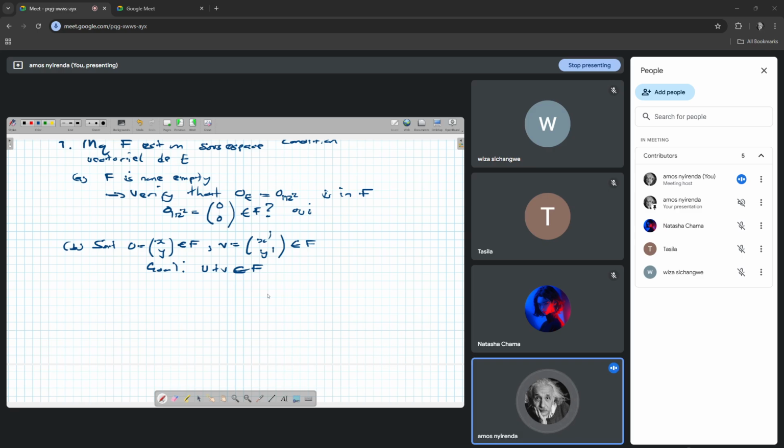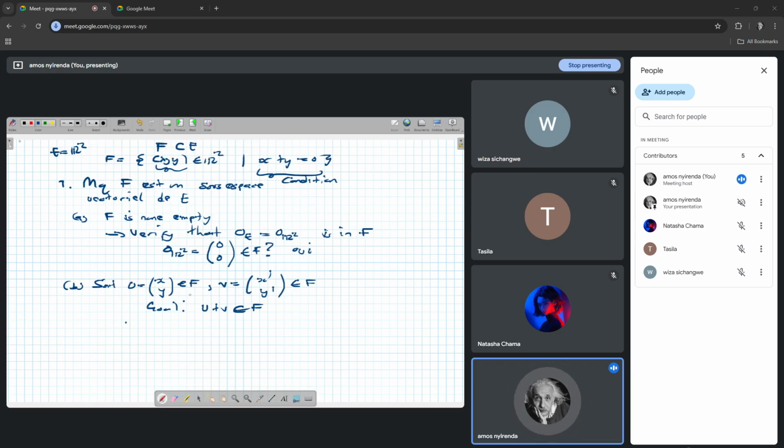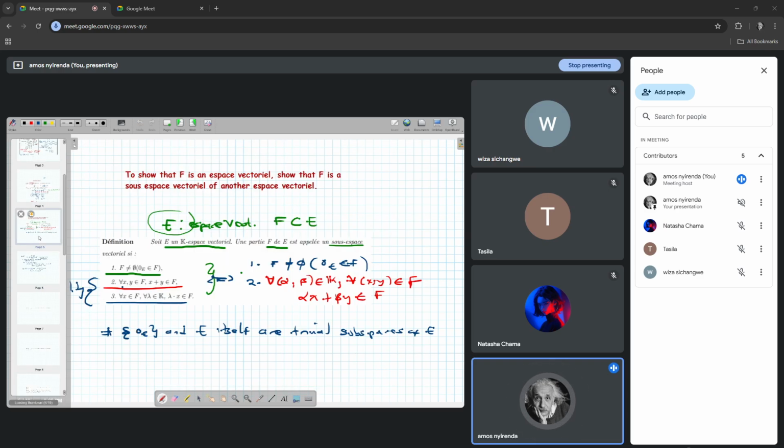So let's first of all calculate u plus v. Now, instead of using this first definition that I have here, which is going to be a little bit long, I'm going to use the definition that is on the right.